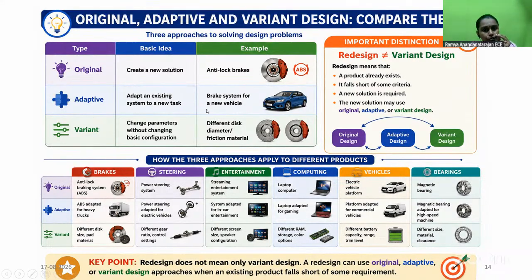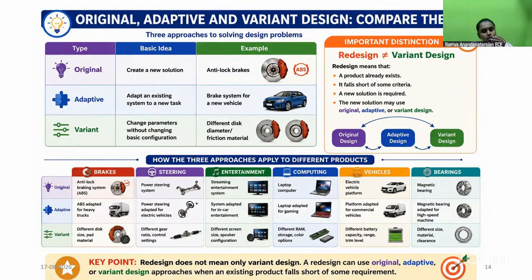So when you do that modification, it is adaptive design. The third one is variant design. You change the parameters without changing the basic configuration. So you go for a different disc diameter or a friction material, then it is variant design. So this is the brakes example. Like this, you can consider different examples like steering, entertainment system, computing, vehicles, and gearings.